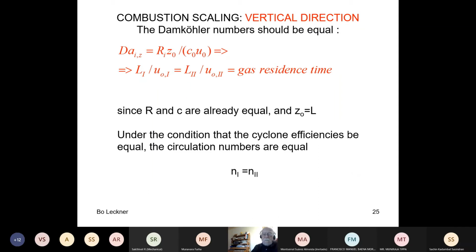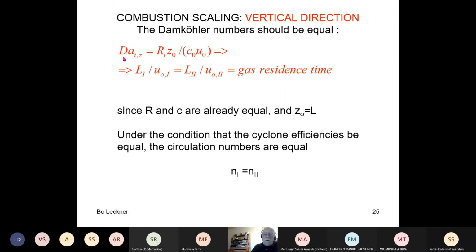Combustion scaling. In this case, it is not so much the horizontal direction. Yeah, for the introduction of fuel, it's the horizontal direction. But if you want to know about the reactions in your reactor, then it is the vertical direction, because it is the flow that carries the gas which may react in that direction.